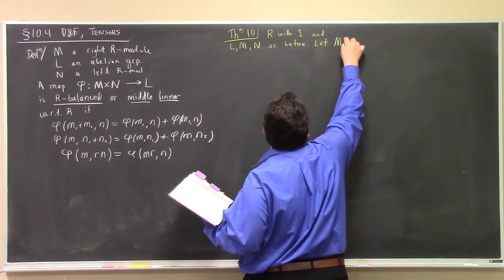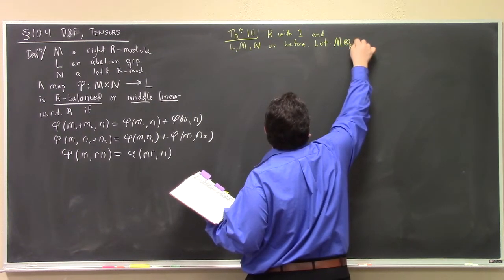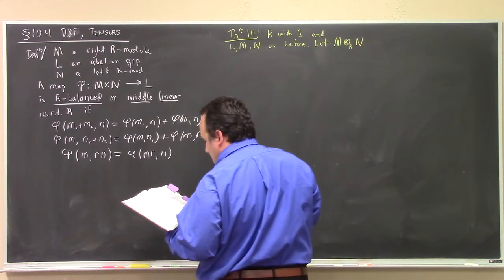We'll let M tensor over R N be the tensor product of M and N, all right?